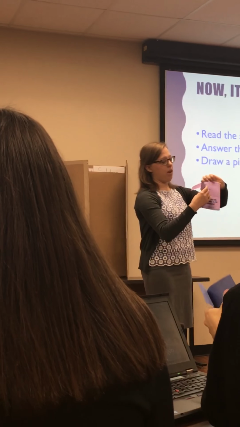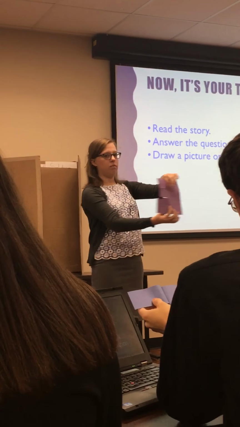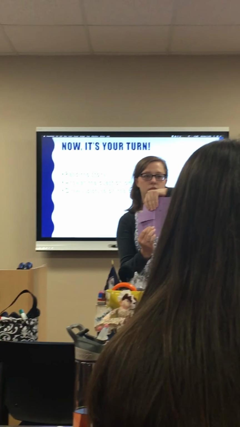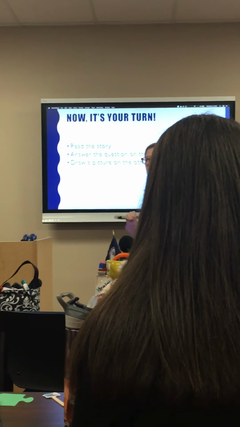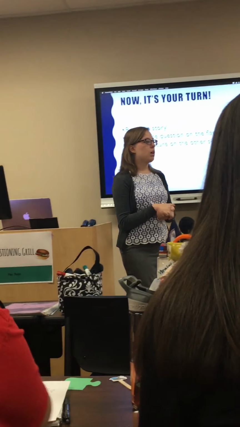And that's that way for all 3. And then on the inside of your flip book, you can draw a picture. All right? So once you are done with that, you can put your flip book on my desk, and we will come back to this later.